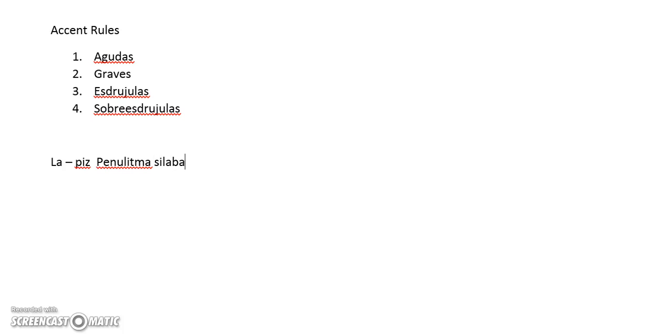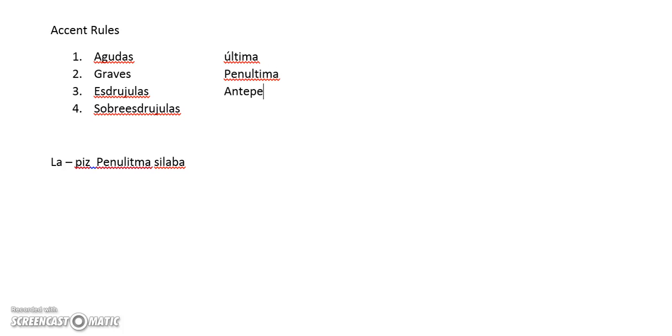There are 4 different ways to count. Aguda words are words that have a stress that falls on the última sílaba. Graves are words that have the stress that falls on the penúltima sílaba.